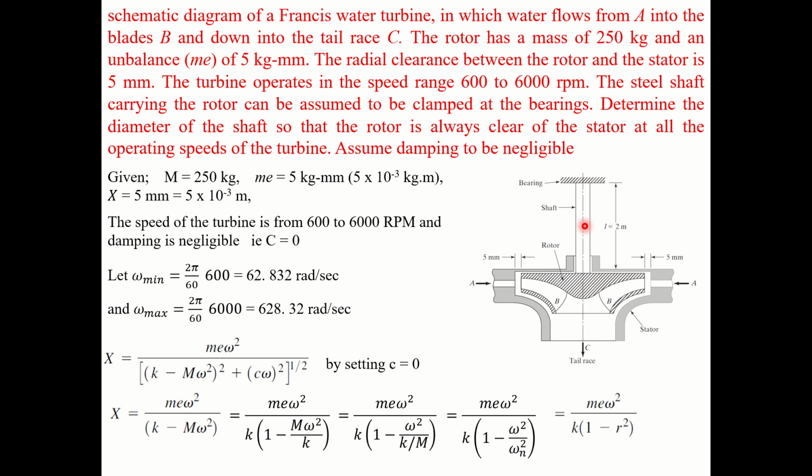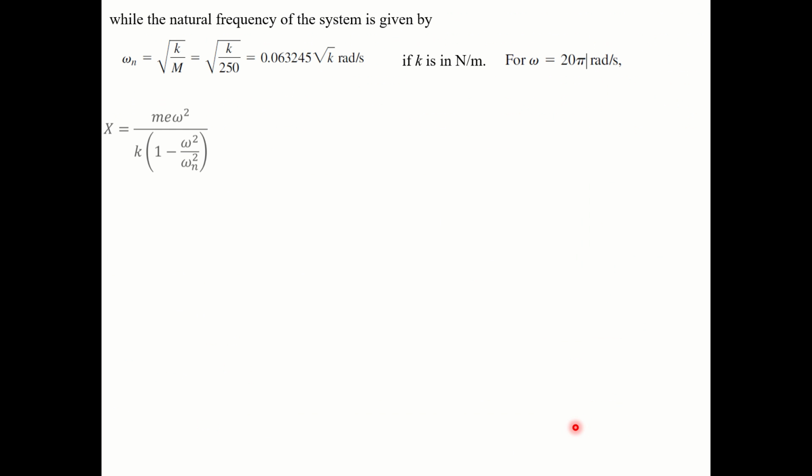Now you should know this formula because you need to find out the K value. Omega square we know, me we know, mass they have, and natural frequency we can find out. The only thing we don't know is K. Using this, we can substitute here.